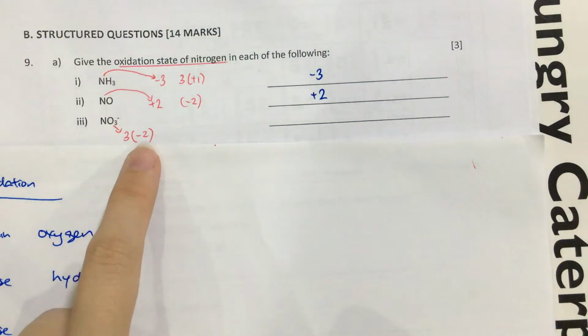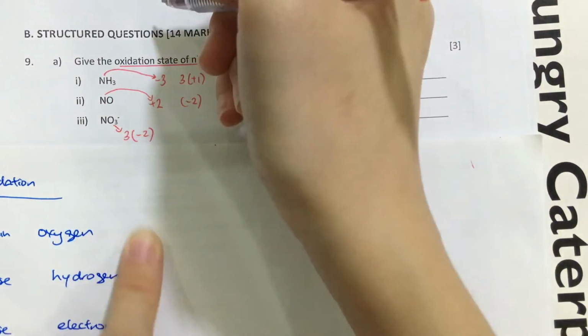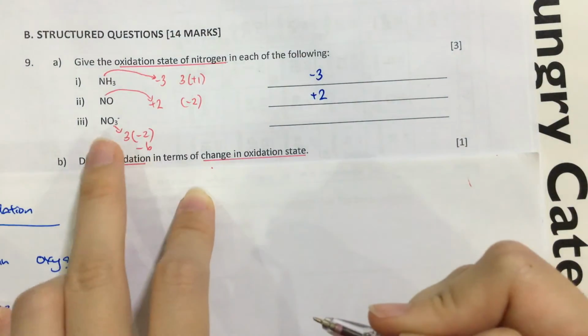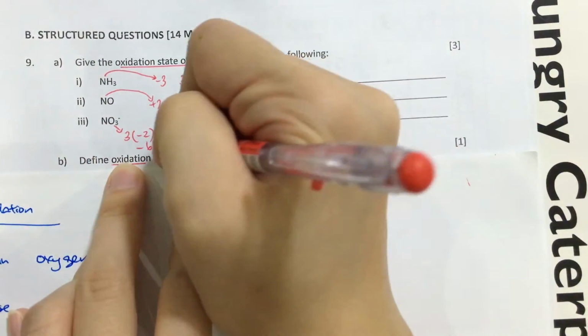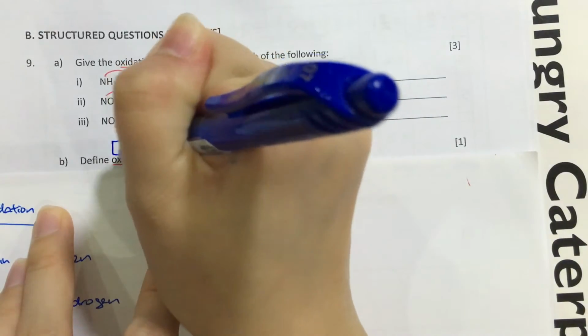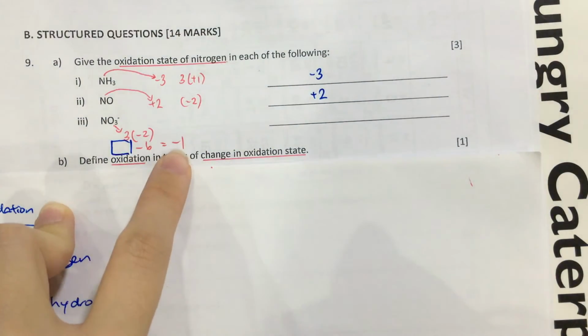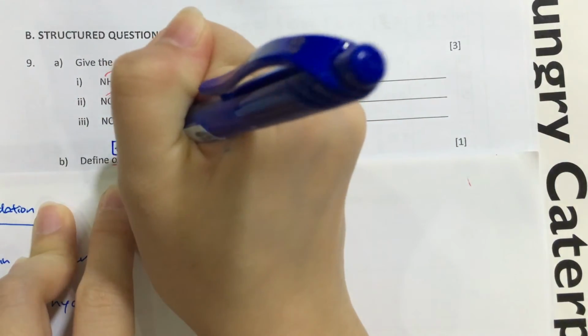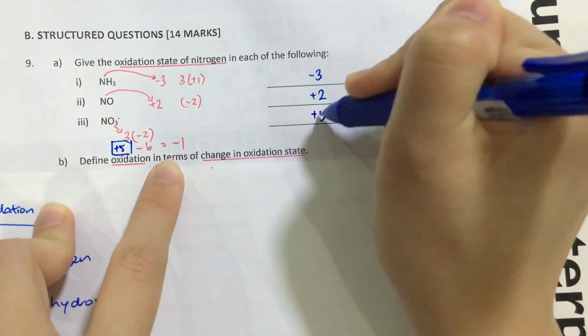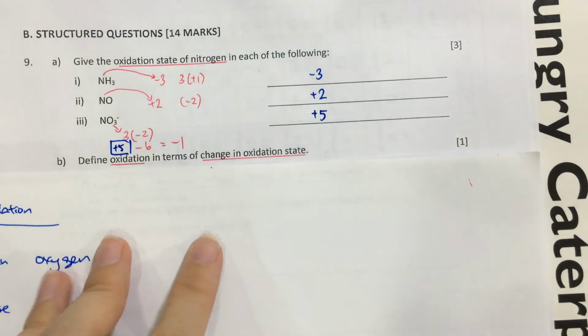So 3 times -2 will give me -6, and the whole thing gives me a -1. So what is it here that can give me a -1? It has to be a +5. Okay, so therefore the oxidation state of nitrogen here is +5.